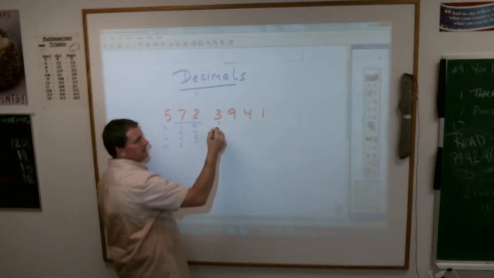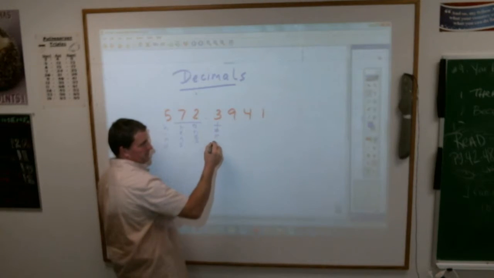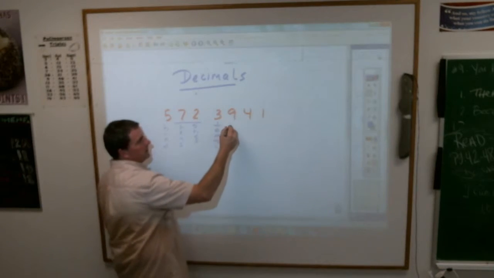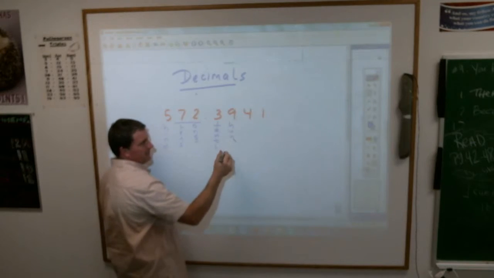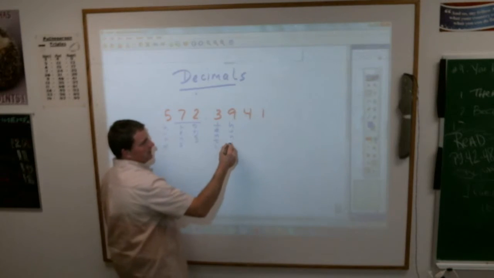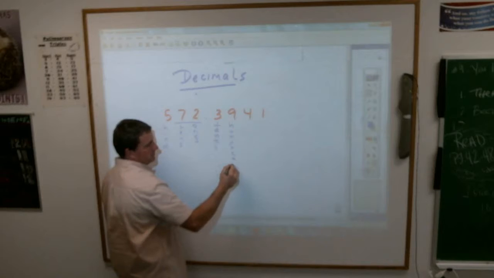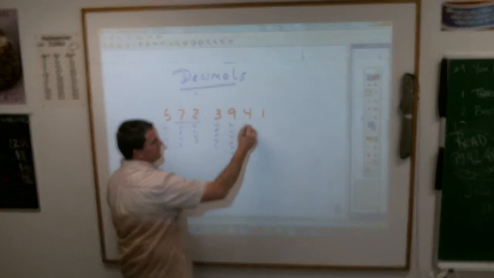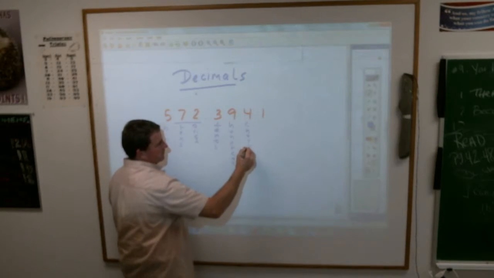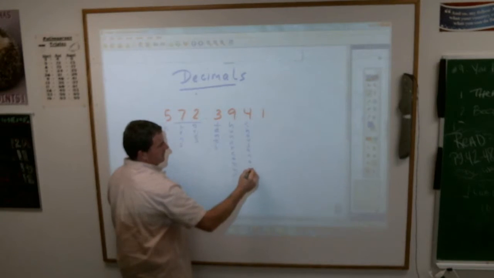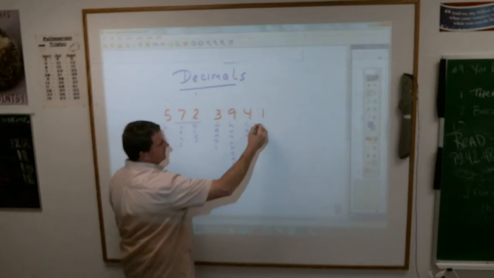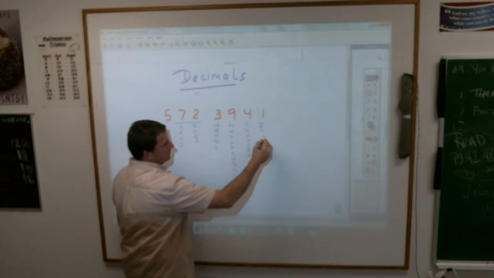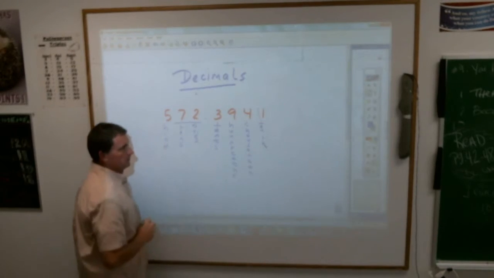It starts with the tenths place and continues on from there. Hundredths, and it has to have that th, otherwise it's hundreds. It's hundredths place. And then you have the thousandths place. And then you have the ten-thousandths, and so on.